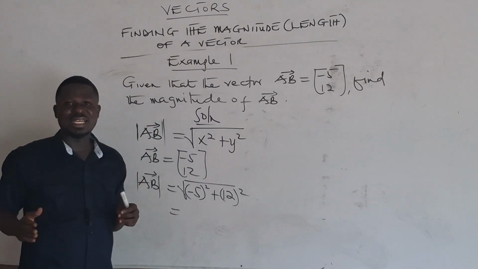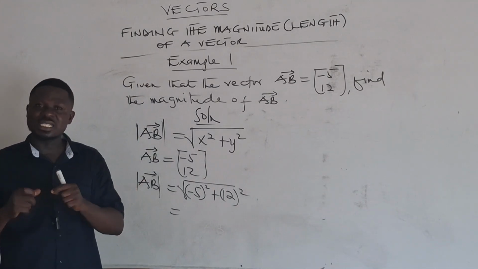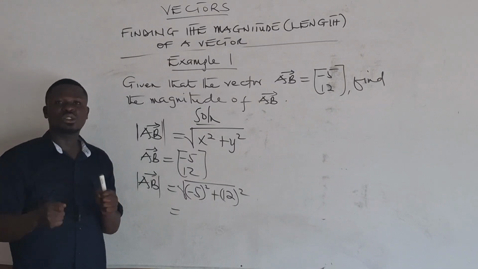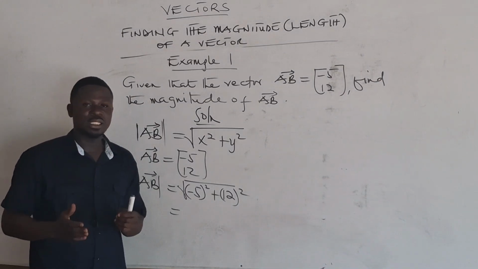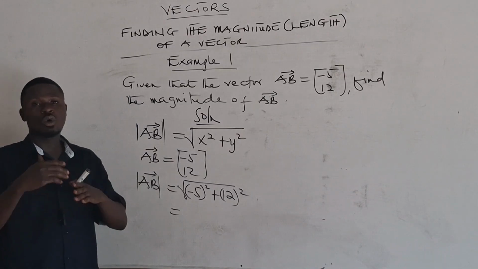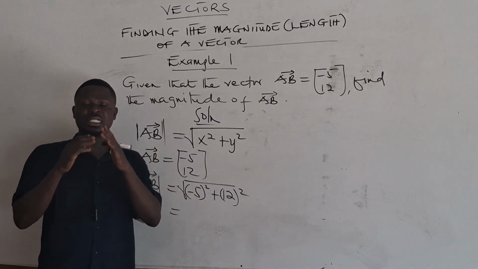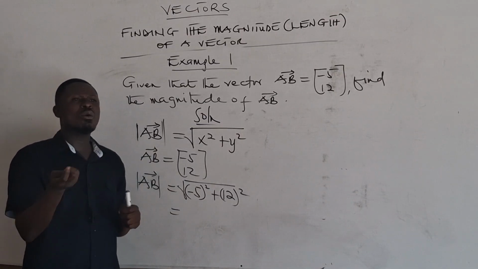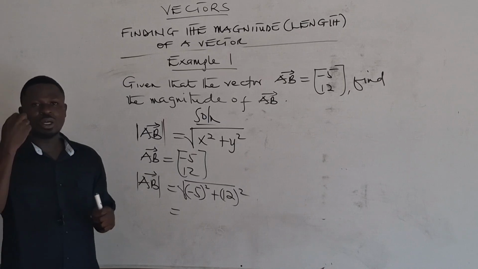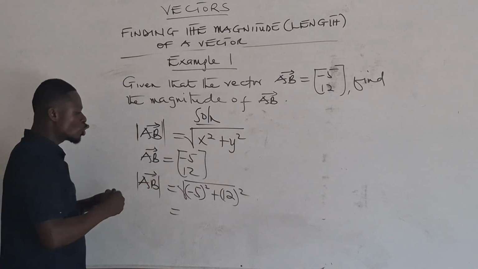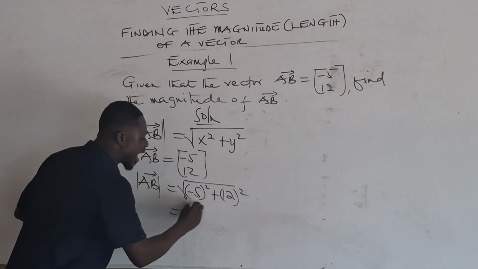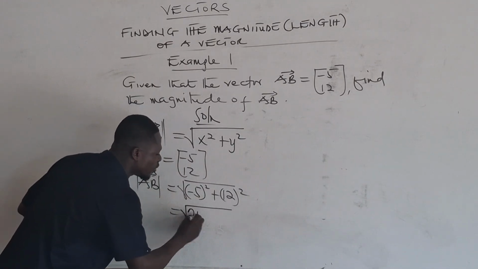What you do here is that when you are punching this on your calculator, make sure you put the -5 in a bracket. Some students will just punch it without putting it in a bracket. When you do that, the square will not affect the negative sign. So put everything in a bracket before you square. Squaring -5 will be 25.